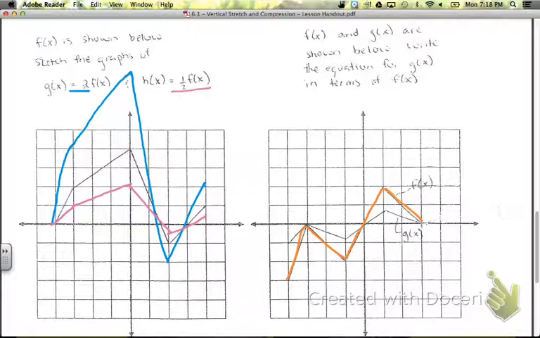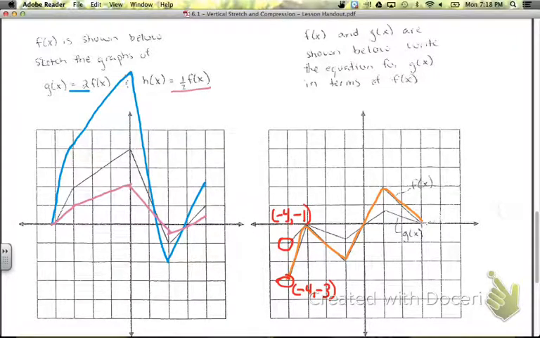We need to look at what happens to our y values. Looking at this point here, we have (-4, -3). Then when looking at g(x), the corresponding point is going to be (-4, -1).